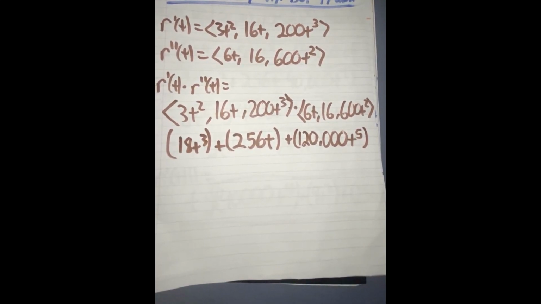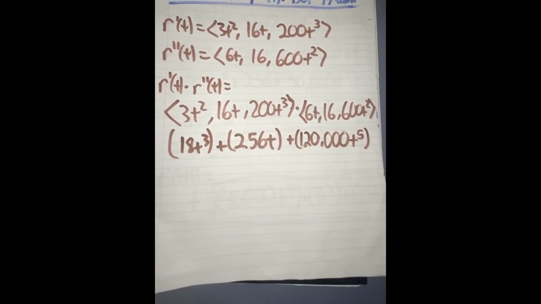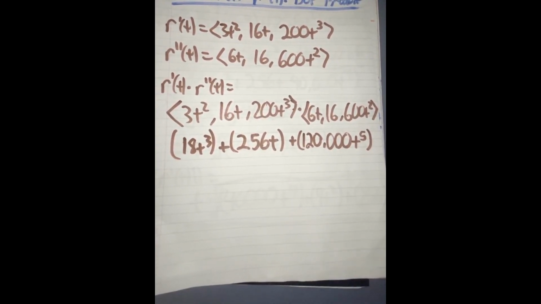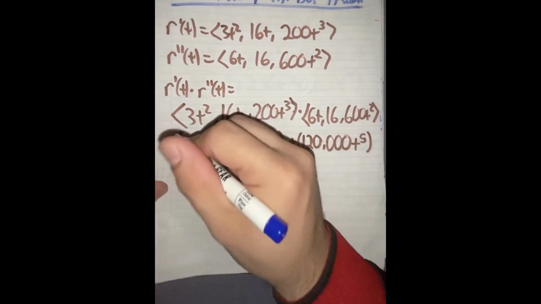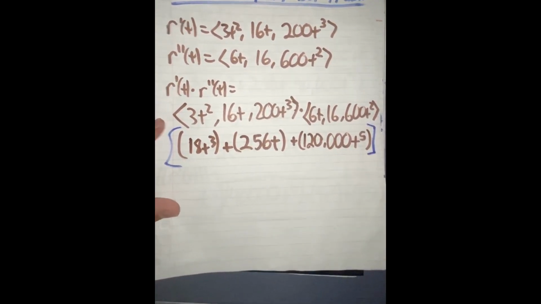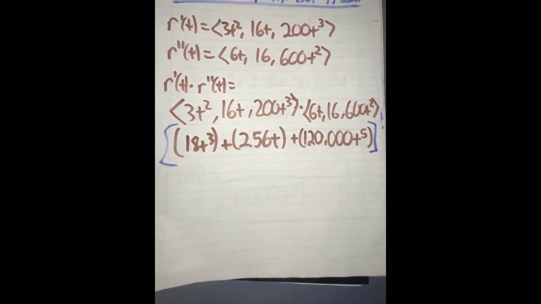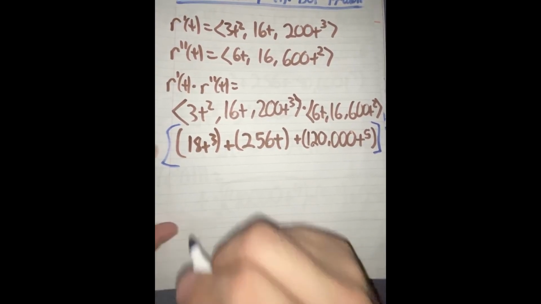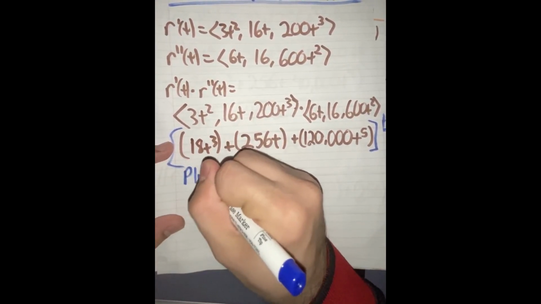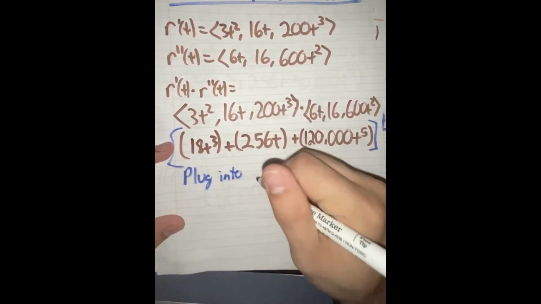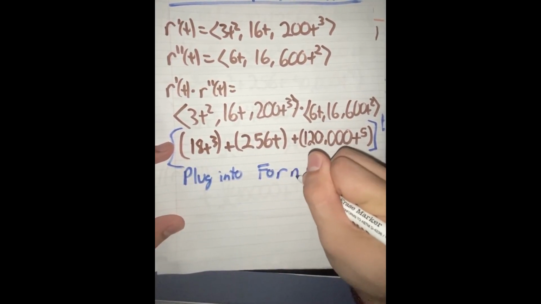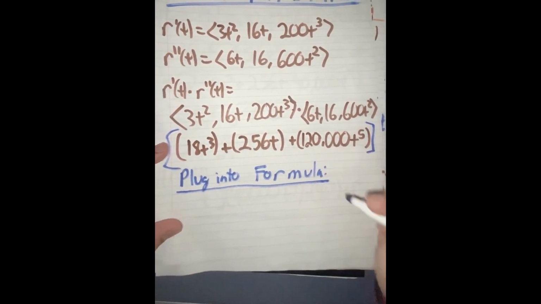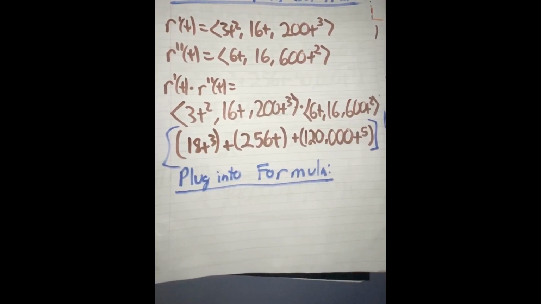So now the next step is we're going to go ahead and plug all this in. We're going to leave it like this. This is our r prime dotted with r double prime. So now the next step is we're going to plug into the formula.